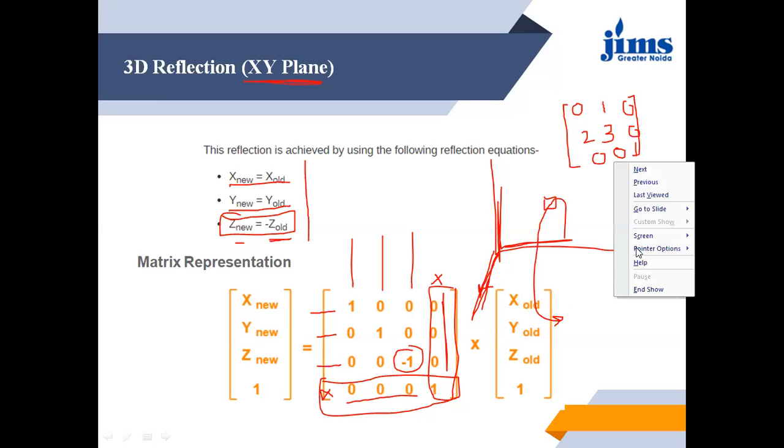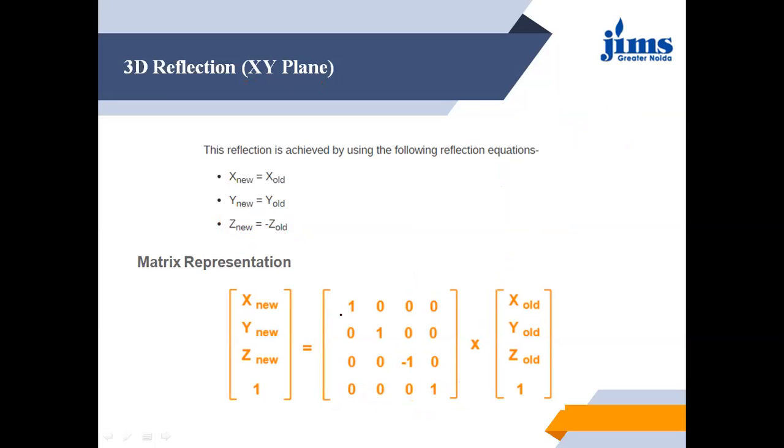You can see that when we want to find the value of x new, it is this row multiplied by this column.